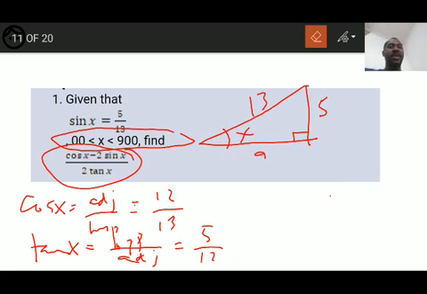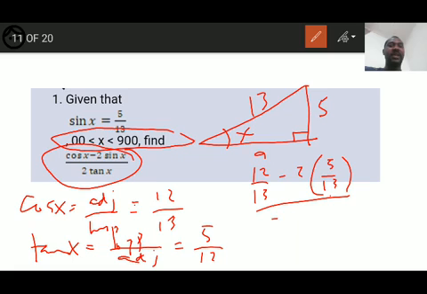Let me rub here off quickly. So here we are asked to find cos x minus 2 sine x all over 2 tan x. Okay, so let's see. Our cos x, like we just got, is 12 over 13 minus 2 times sine x. Sine x is already given as 5 over 13. Now everything all over 2 tan x, that means 2 times your tan x, which is 5 over 12.